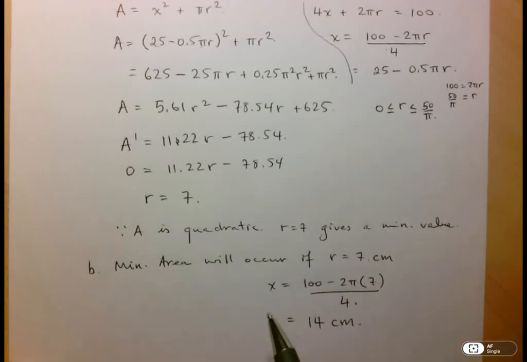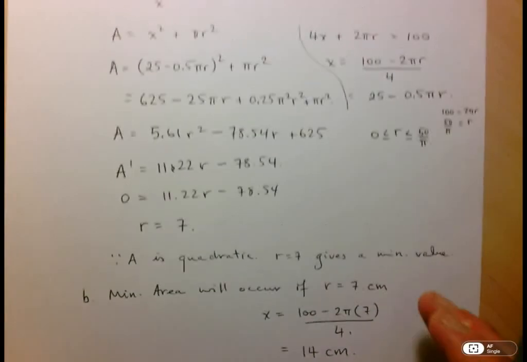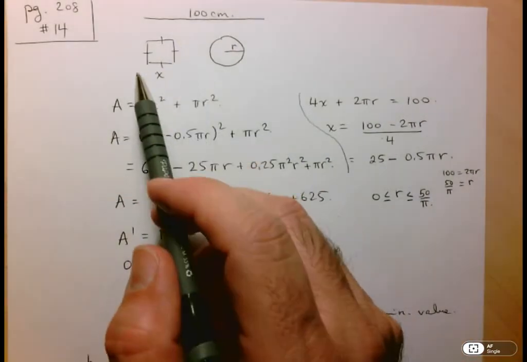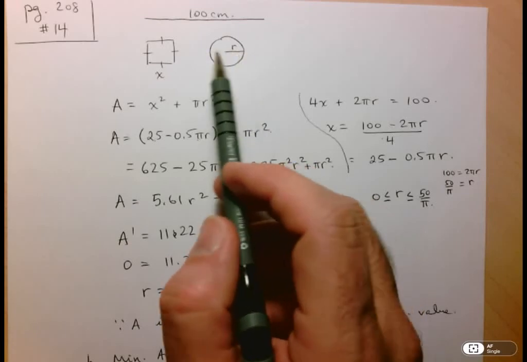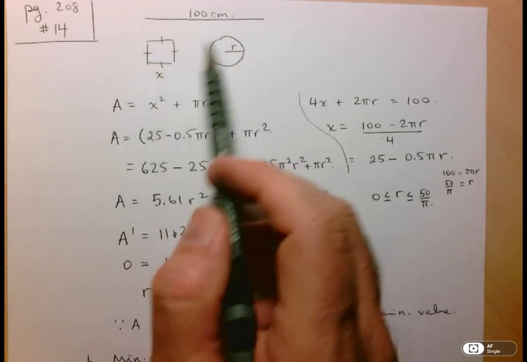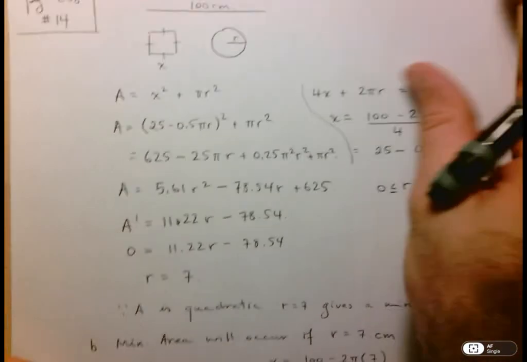Now, it's hard not to notice that x is exactly twice the radius. So it looks as though what's going to minimize the area is when the diameter of the circle is exactly equal to the side length. So essentially, the circle can be inscribed right in that square. So that's an interesting little thing.